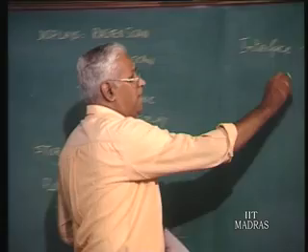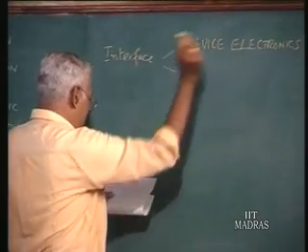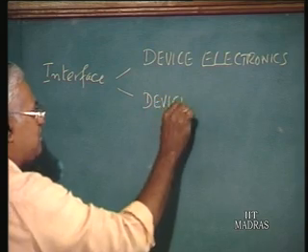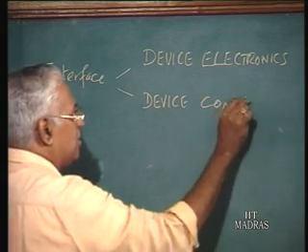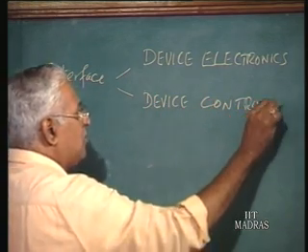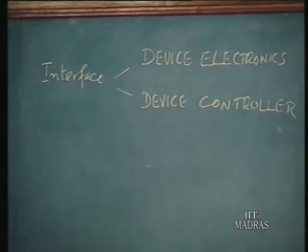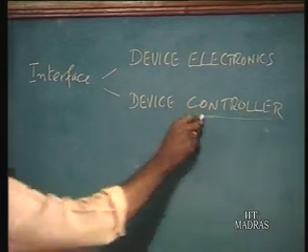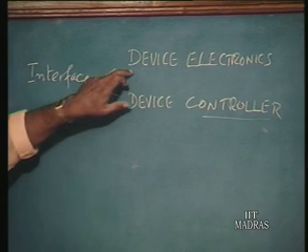Then you have the other one, which is generally called a device controller or just a controller. Whenever we discuss a computing system and the interaction, it is this particular one which we will be concerned with, not this particular one.